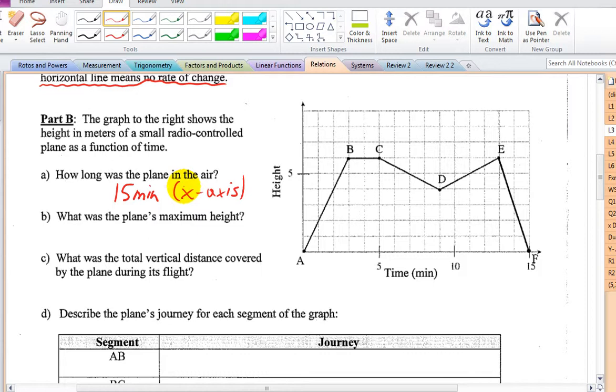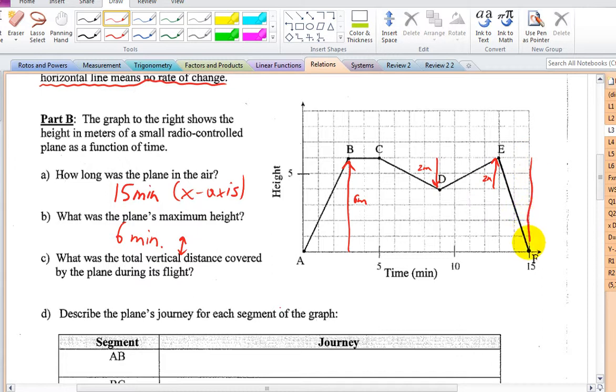What's the plane's maximum height? 6 meters. Okay. What's the total vertical distance? So vertical means up and down distance. So here they travel up how much? 6 meters. Then they travel down how much? Then they travel up how much?